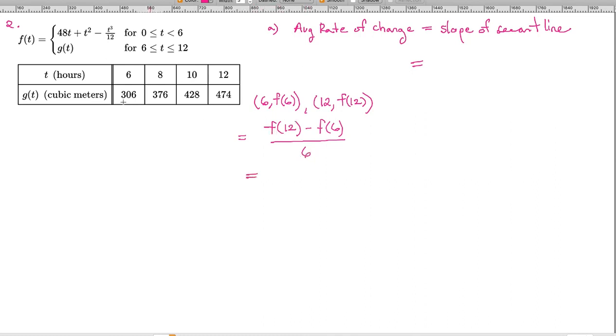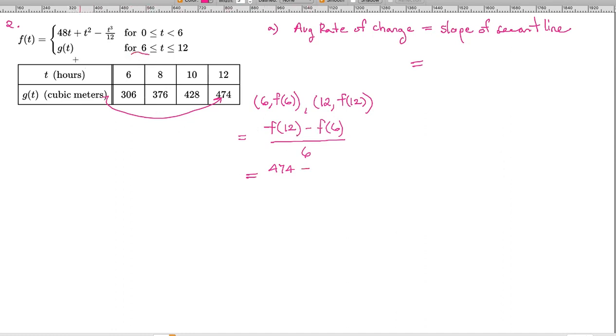So for f of 12, I'm going to use this bottom function g, and they have defined values for g here. I'm going to plug in t being 12 into g, and g of 12 they give you as 474, minus g of 6.